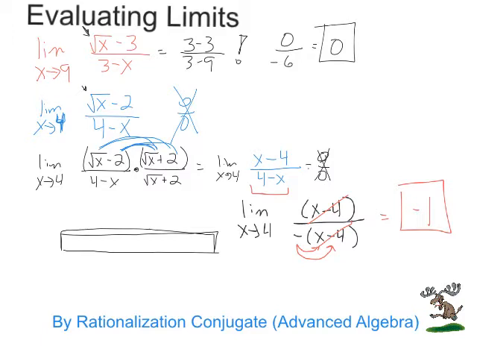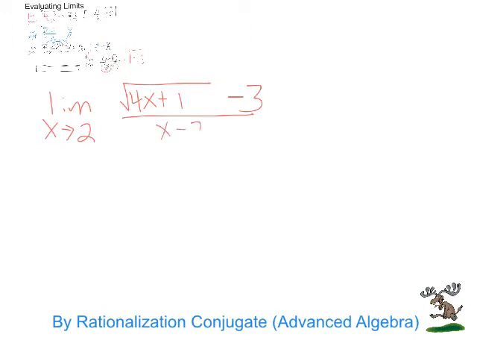So let's take a look at another one requiring rationalizing the conjugate, because I think this is the most difficult one and worthy of looking at another example. So what we have is the limit as x goes to 2 of the square root of 4x plus 1 minus 3 over x minus 2.